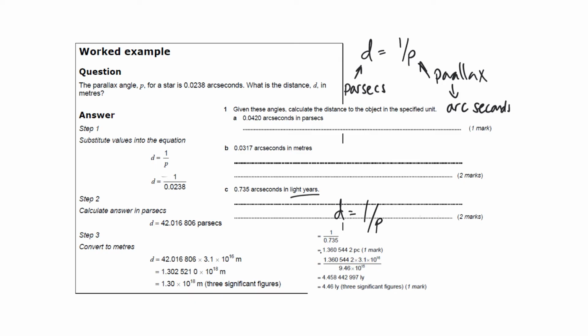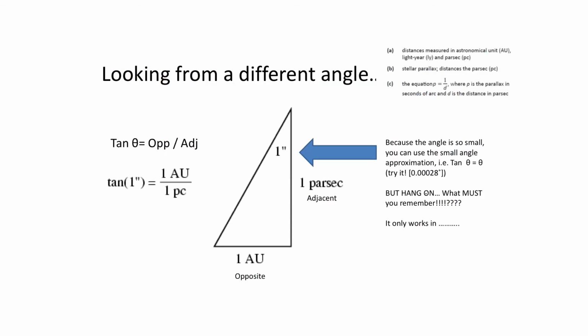To convert that into light years, first turn it into meters by multiplying by 3.1 times 10 to the 16. That gives you the total number of meters. The whole point of light years is to have a smaller number, so you then divide by 9.46 times 10 to the 15, the distance that light travels in 1 year in meters. So our final answer to three significant figures is 4.46 LY, or light years.